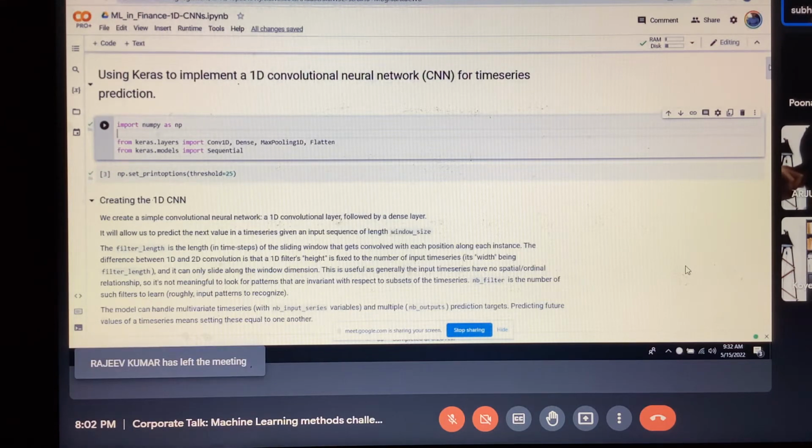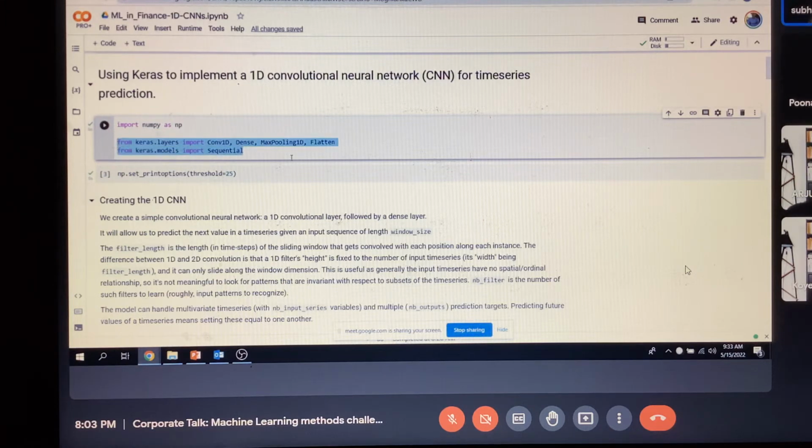So this is a very, very simple convolutional neural network for time series prediction. Now, you have many methods of time series prediction. This is not the best, most detailed example, but it is good enough for a starter. So let me show you here. We import some libraries. Here we import the numerical Python library, which we call NumPy. We are importing Keras here because Keras supports deep neural networks, so you can build a convolutional neural network.